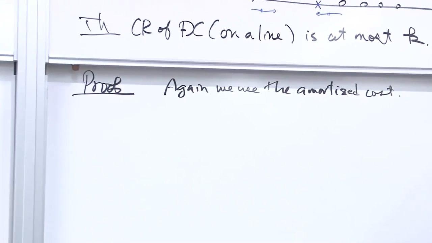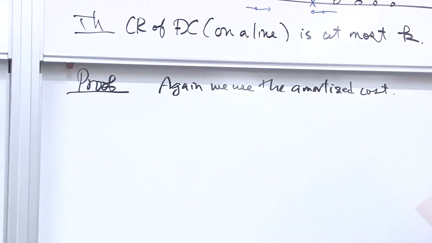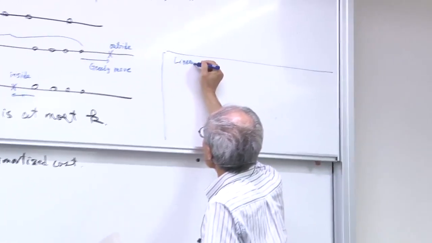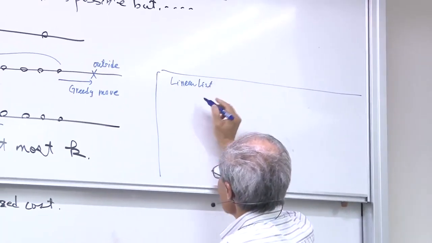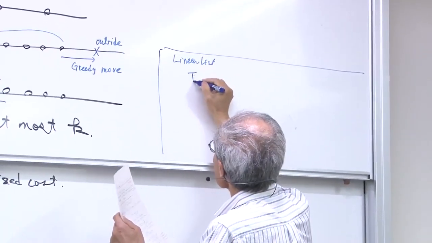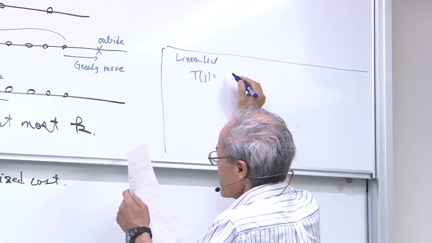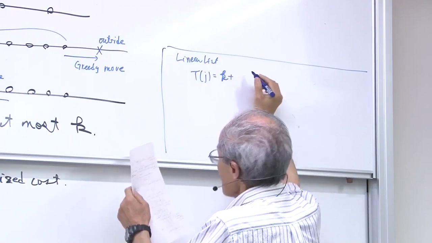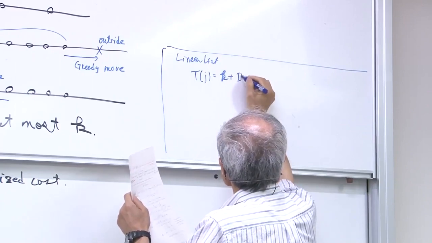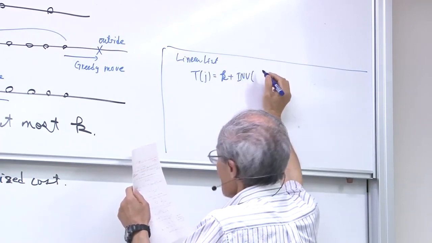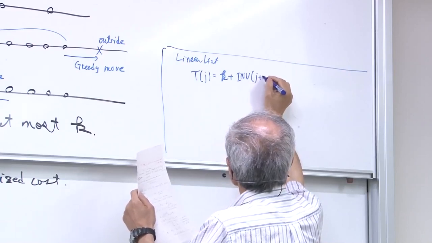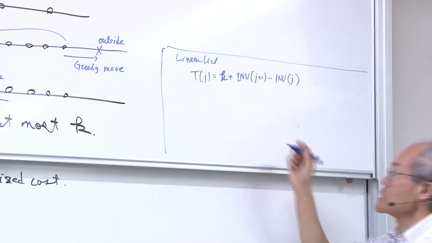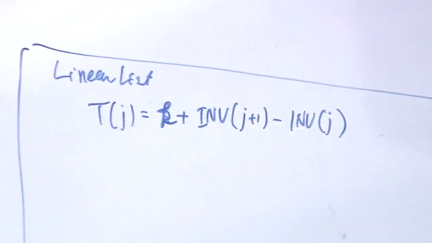Just remember that our amortized cost for linear list is our previous cost.